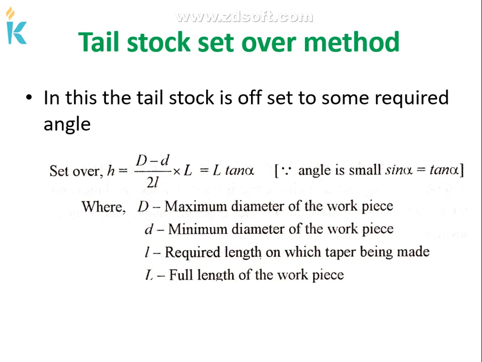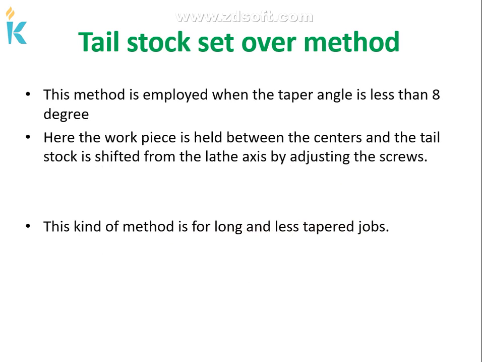Where capital D is the maximum diameter of the workpiece, small d is the minimum diameter of the workpiece, and small L is the required length on which the taper is being made, and capital L is the full length of the workpiece. Here the workpiece is held between the centers and the tailstock is shifted from the lathe axis by the adjusting screws.